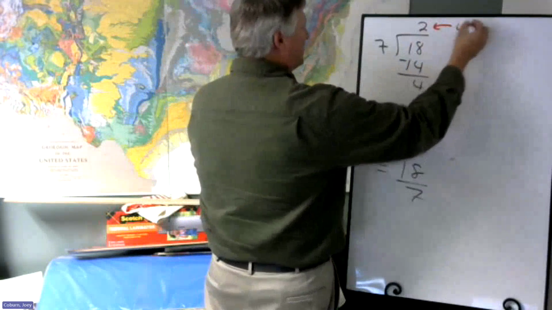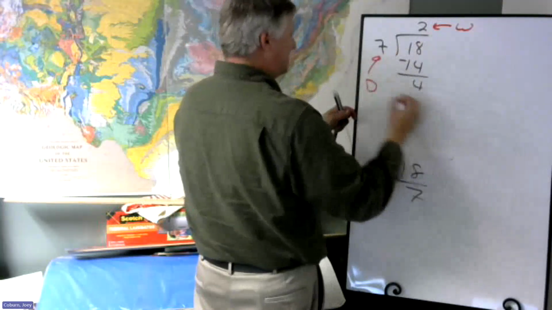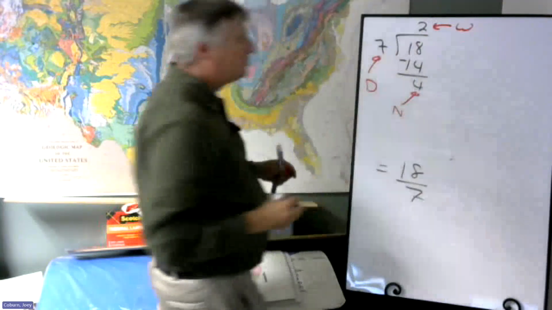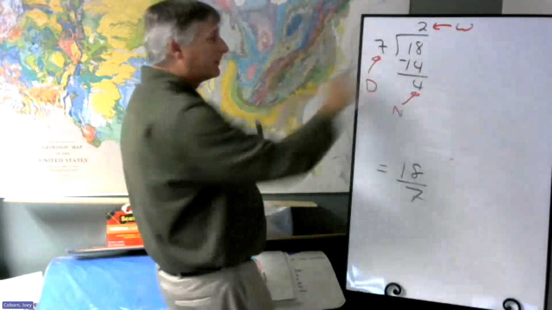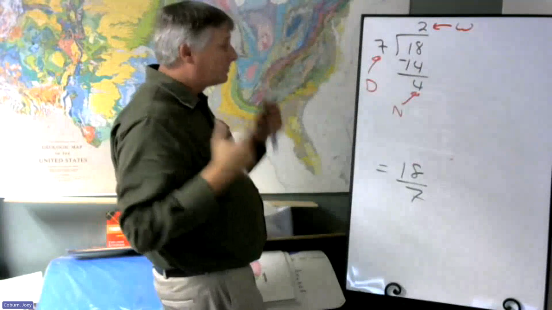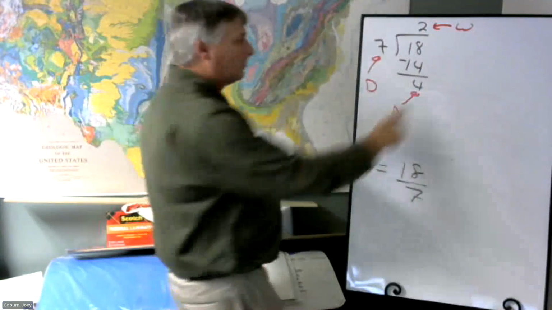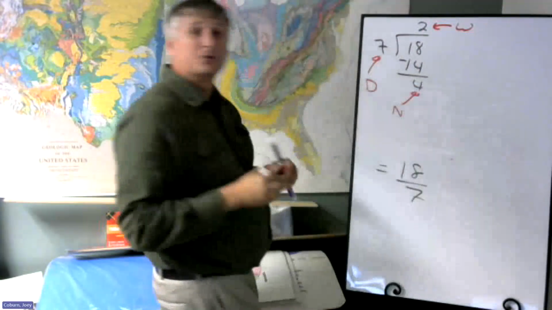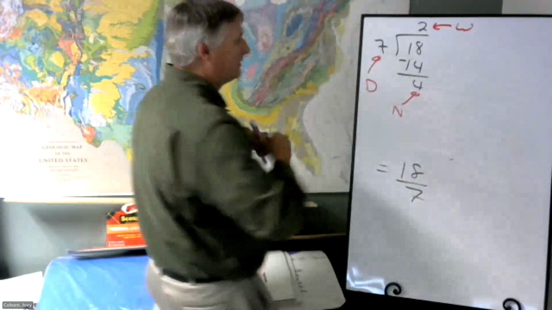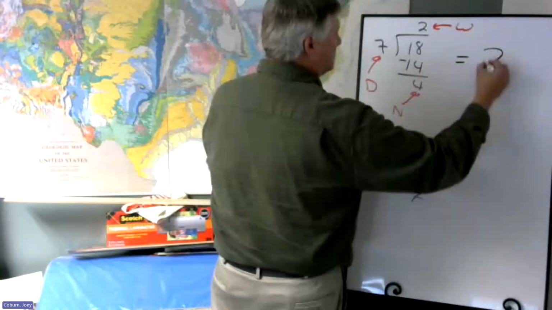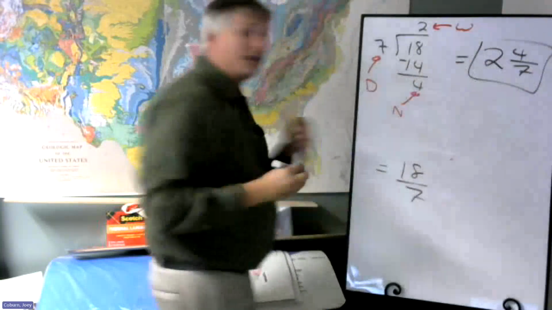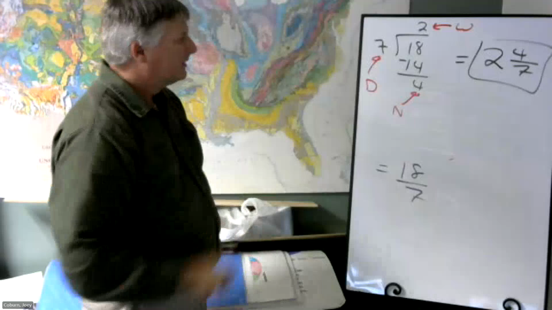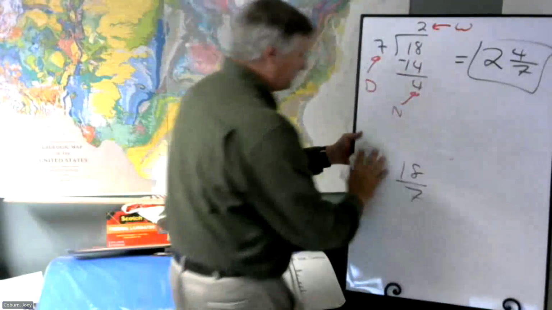So that's the whole number, that's the denominator, and that's the numerator. And it's always going to be that way. Top number will always be the whole number. The number doing the dividing, that's always the denominator. What's left over, that's always your numerator. So we get 2 and 4 sevenths. And that's your answer.